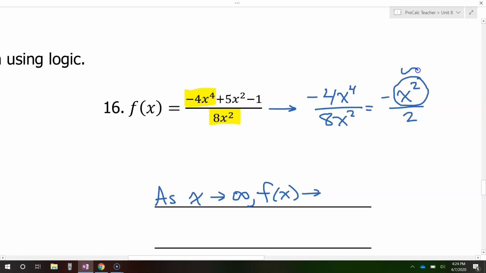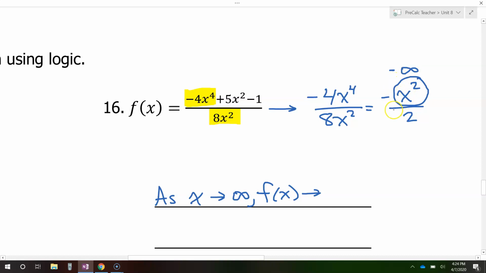So I'm going to have this big old infinity right here. Like this is going to be 1,000,000 and 1,000,000,000. But then don't forget about this negative sign in front. So this is going to take a billion and make it negative billion. If you divide that by 2, it's still going to be a very large negative number.